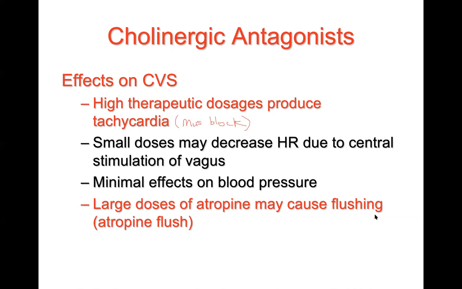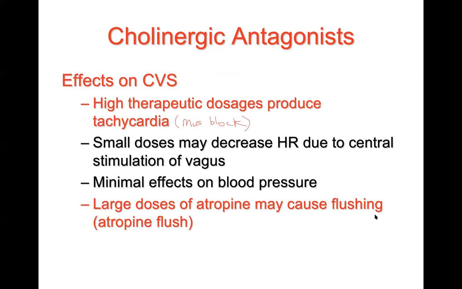They would describe someone who had been given a dose of atropine as hot as a hare, such as a rabbit, and red as a beet, which was dealing with the vasodilation or the flush. They would describe them as dry as a bone because it dries up the secretions.